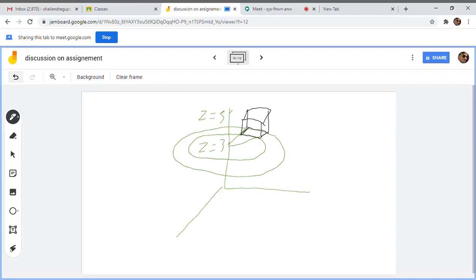So this is the section which you are talking about, the section between the cylindrical surface. For this part, you need to calculate all the dimensions.